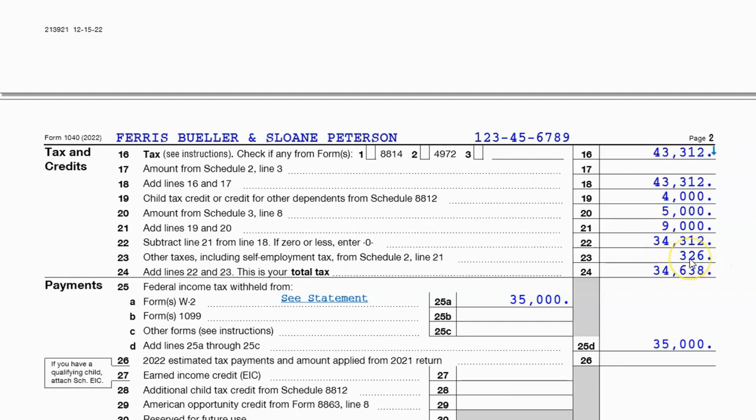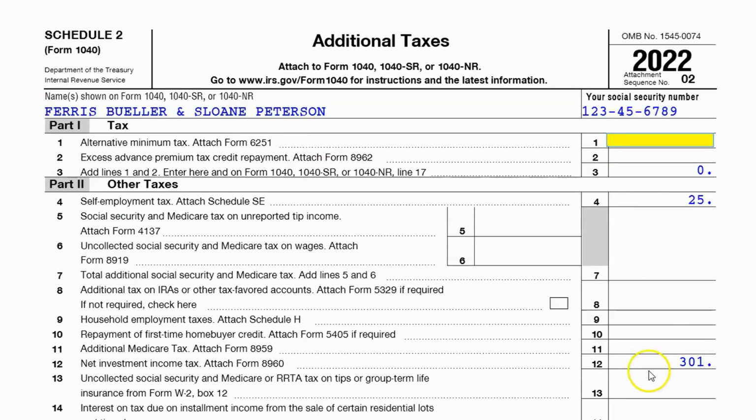Now it has increased by $321. Okay, so let's go to that Schedule 2 here. We can see here, net investment income tax, $301. Because of that $7,200 that they're over that 250 threshold, that's creating this 3.8% tax.